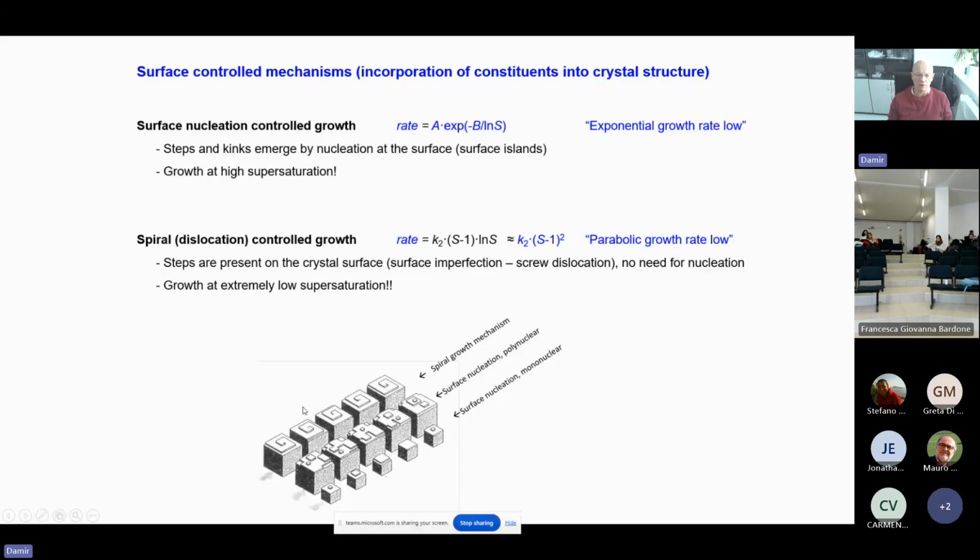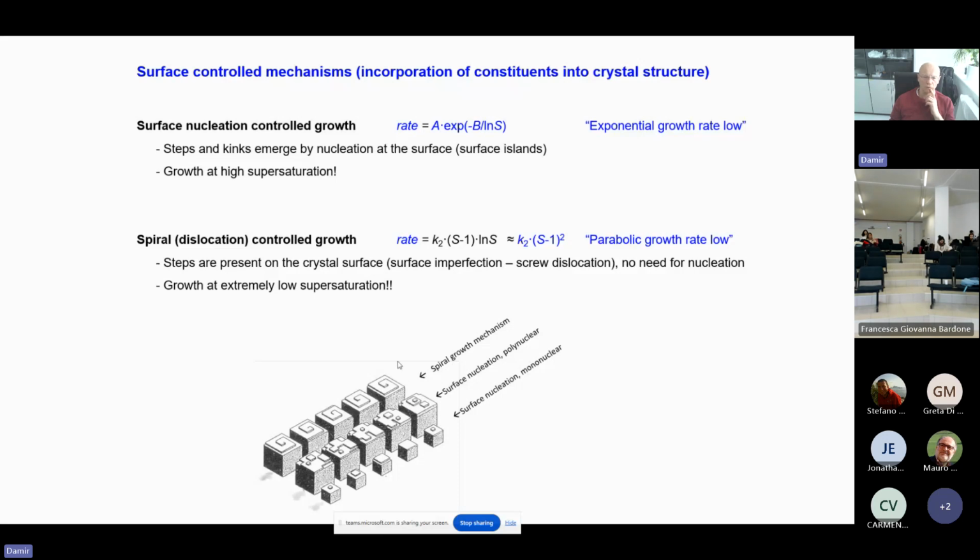Actually, it was found experimentally that crystal can grow at relatively low supersaturation, and it was surprising because formation of new nuclei demands really high supersaturation.